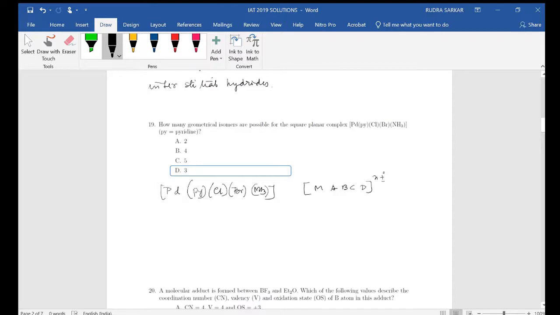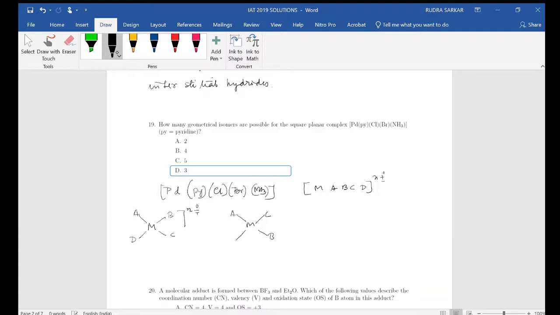So out here, the possible arrangements can be found out just fixing one of the positions of the ligands. So let's keep A, let's say B, C and D. So this is one possible arrangement. Keeping A as fixed again, just interchange the position of B with C. So we have C out here and B here.